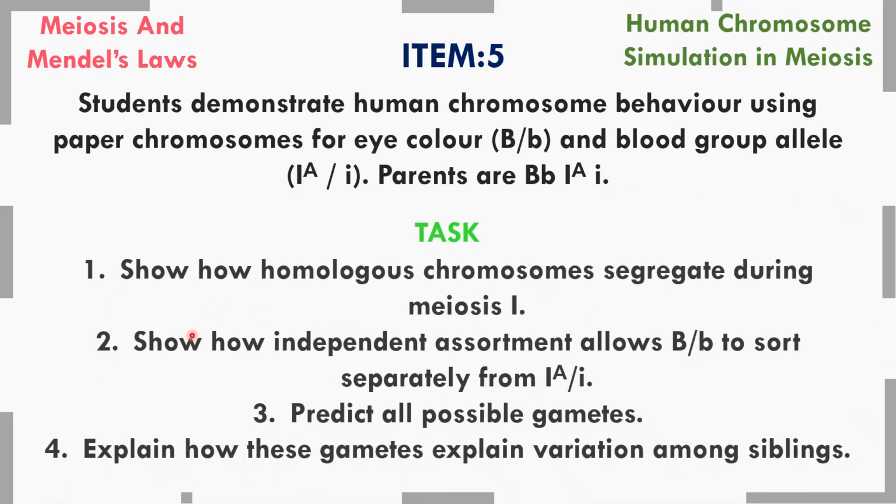Task: show how homologous chromosomes segregate during meiosis 1. Show how independent assortment allows B, b to sort separately from IA, i. Predict all possible gametes. Explain how these gametes explain variation among siblings.